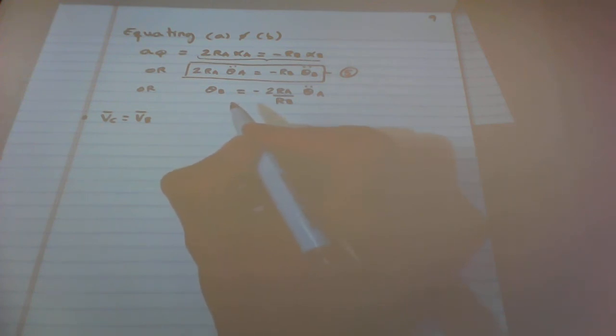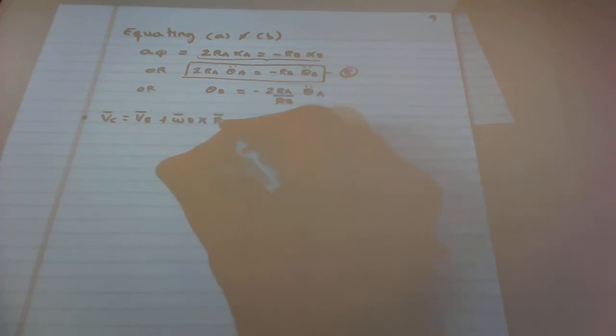So Vc equals Vb plus omega b cross r of c with respect to b.